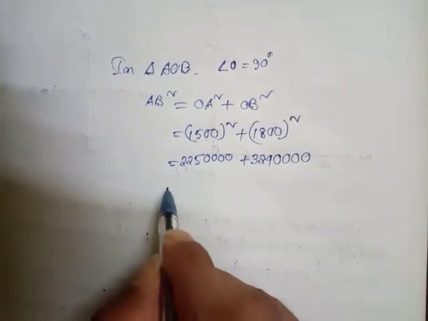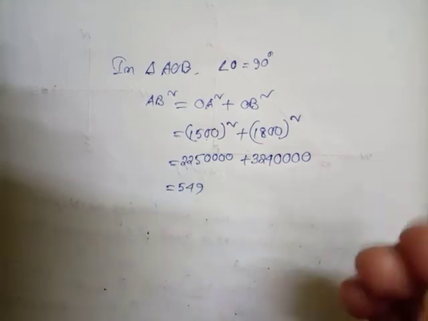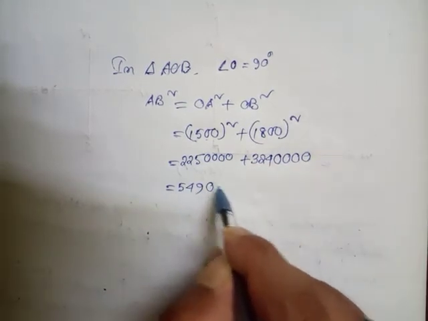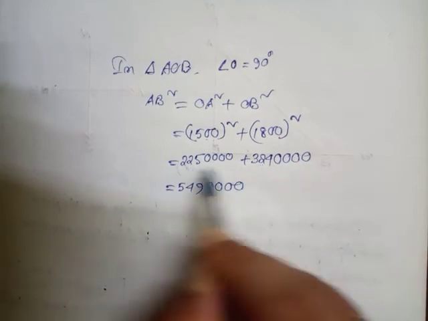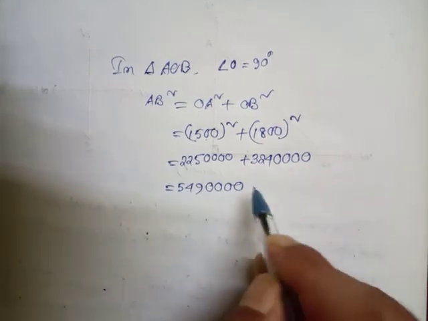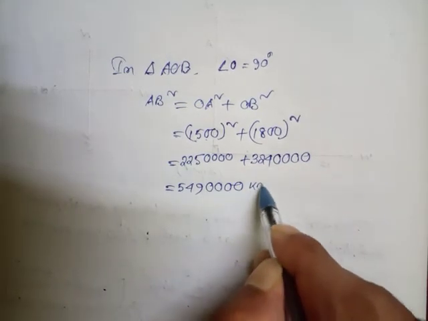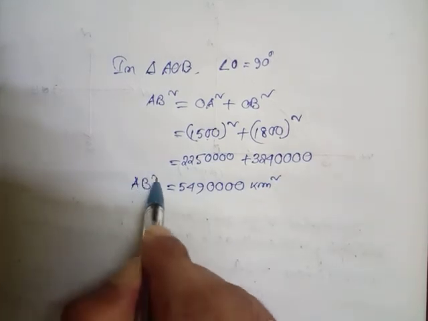Now if we add these, the answer would be 549, then 0 0 0 0. If you add all this, 5 plus 4 is 9, 2 plus 2 is 4, and 3 plus 2 is 5. This is kilometer square. This is equal to AB square.